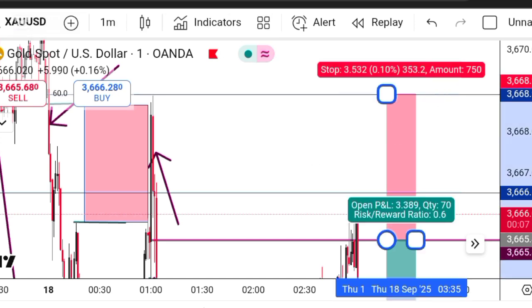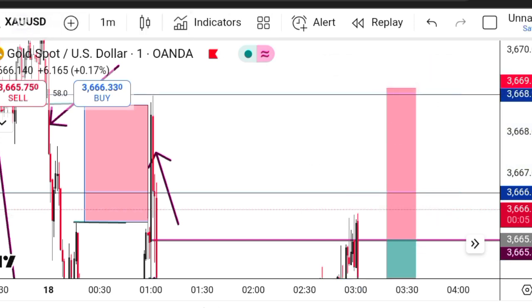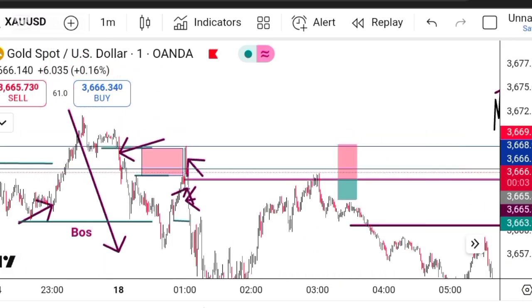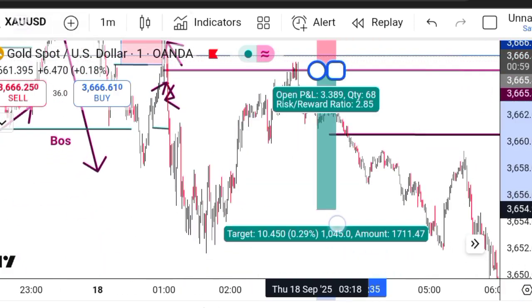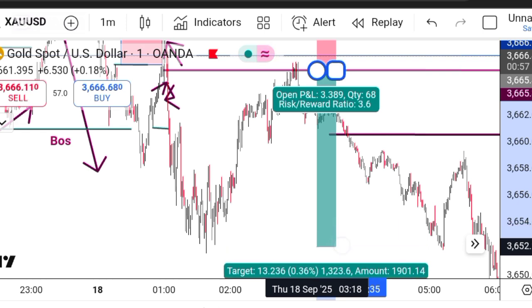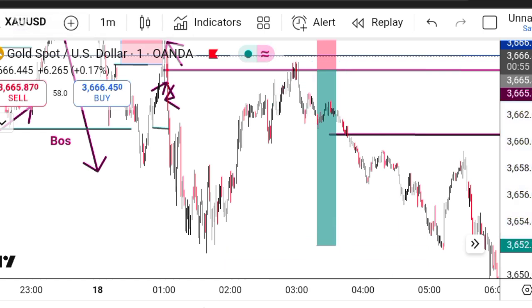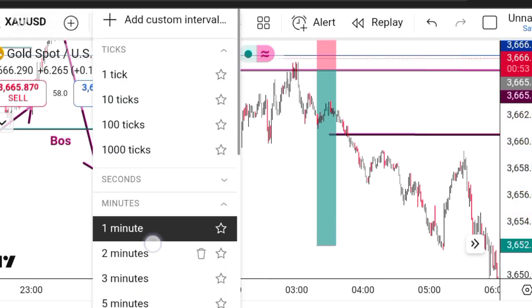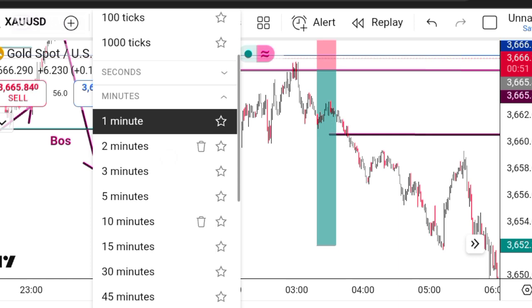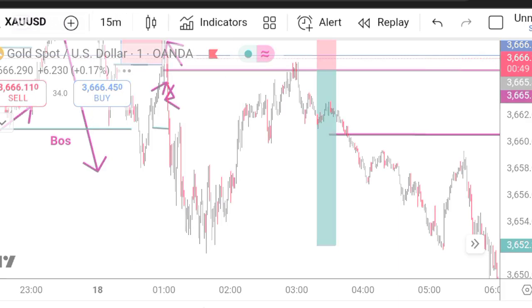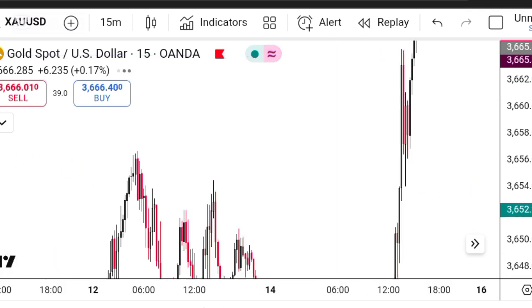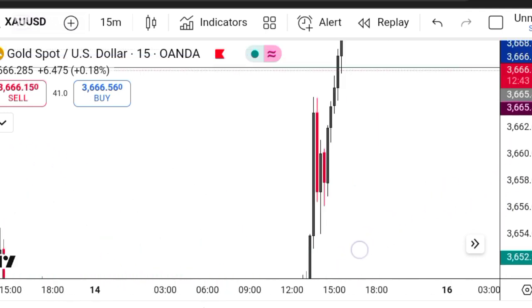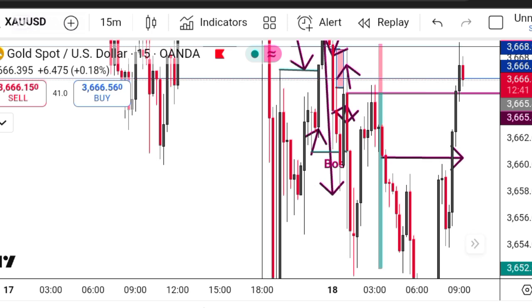Your stop loss has to go a bit above that 1 minute zone, and you go back to your M15 and look for where you should target. I'm sorry, you go back to your M15, not 1 minute, and look for where to target.